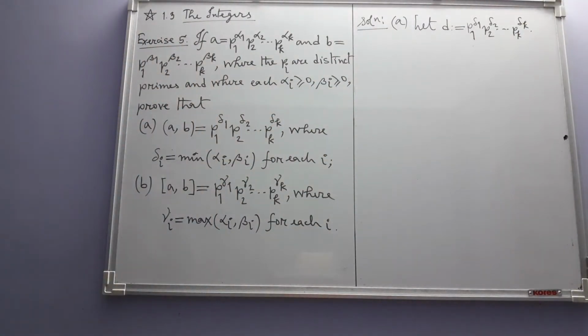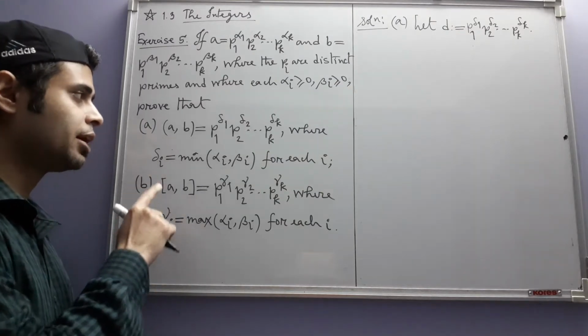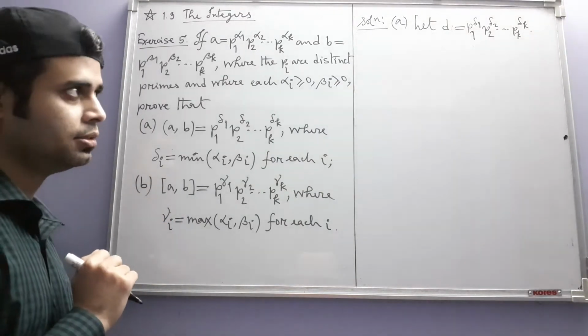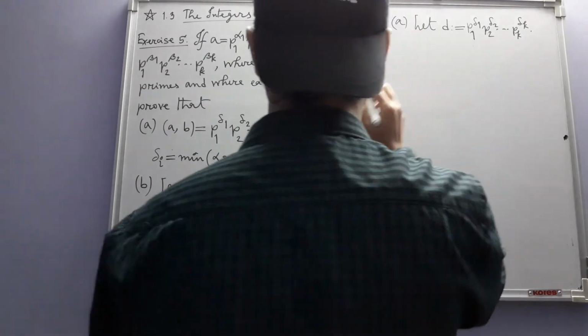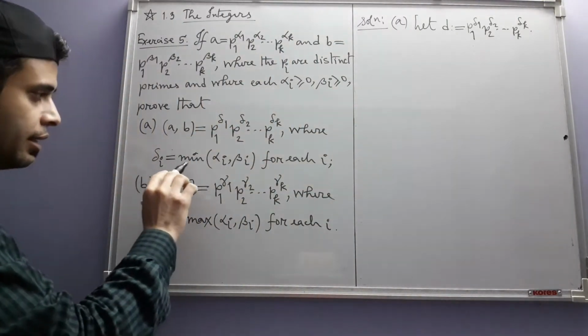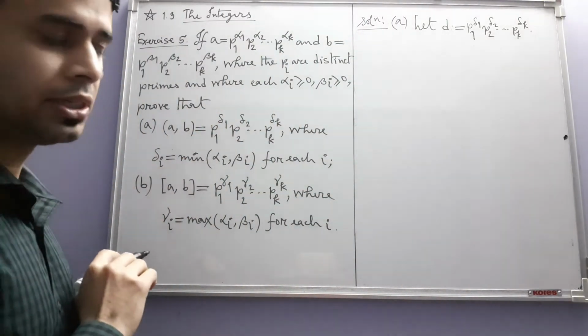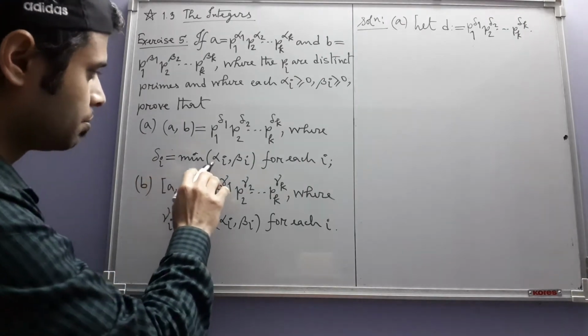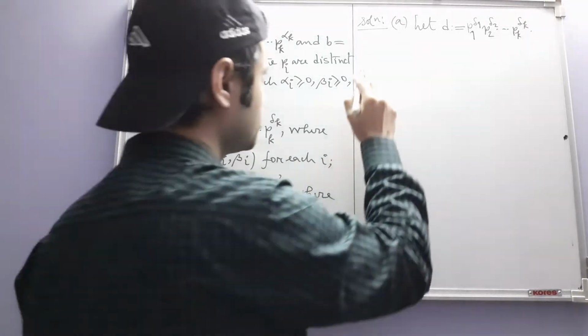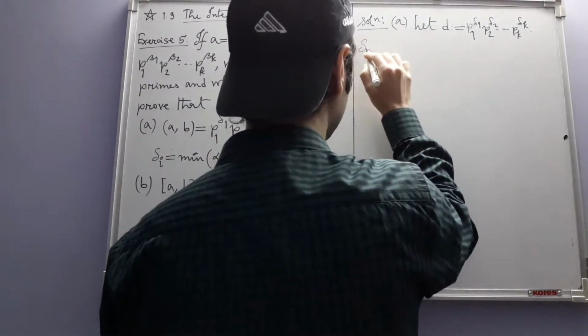To prove that D is the GCD, we have to first of all show that D divides both A and B. Now note that delta i is the minimum of alpha i and beta i, so it is less than or equal to both alpha i and beta i. We are going to use this fact.